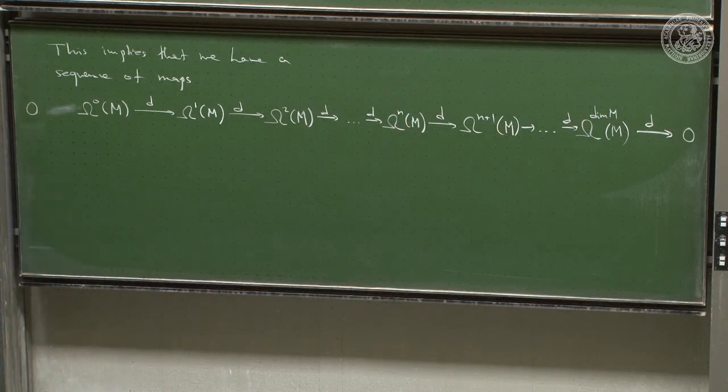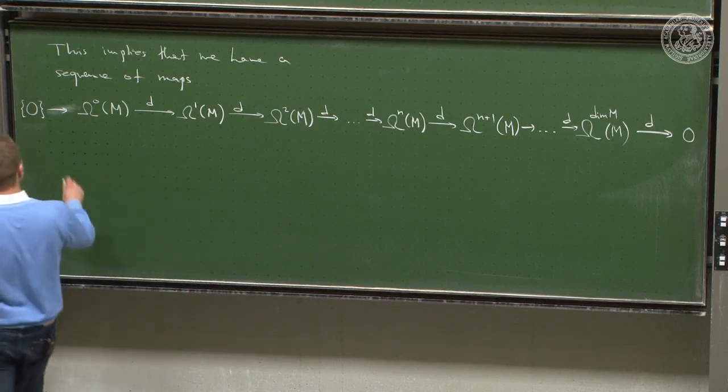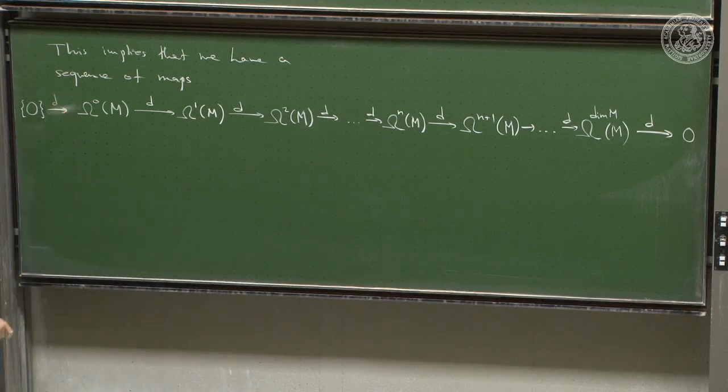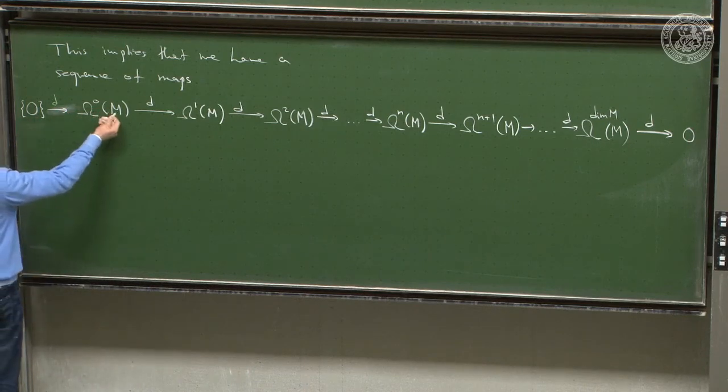And the same here. I start from a trivial vector space that has only one element. So probably, to be very precise, one should write the vector space that just consists of one element. There are no smaller ones. And I can extend the definition of my d by defining this green d here, okay? And the green d takes you from 0 to, well, where should it take you? It takes you always to the 0 in here.